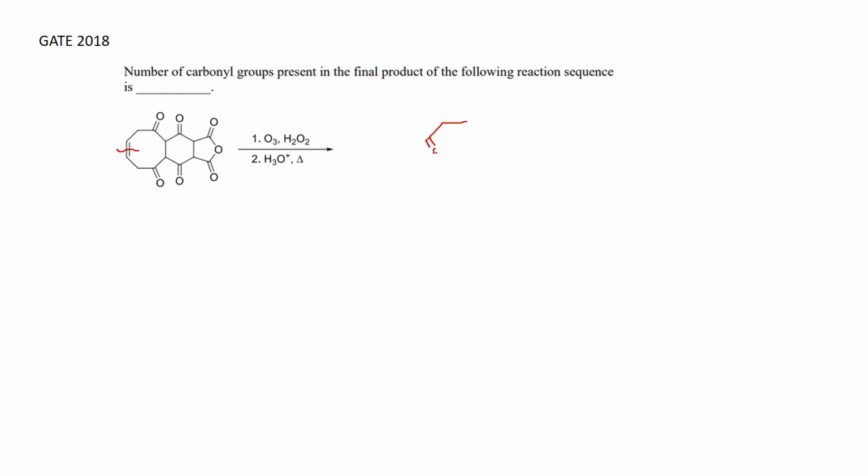So this is the aldehyde, so it will be automatically oxidized to acid, because the quenching reagent is peroxide, not Me2S. The rest of the compound will be the same.